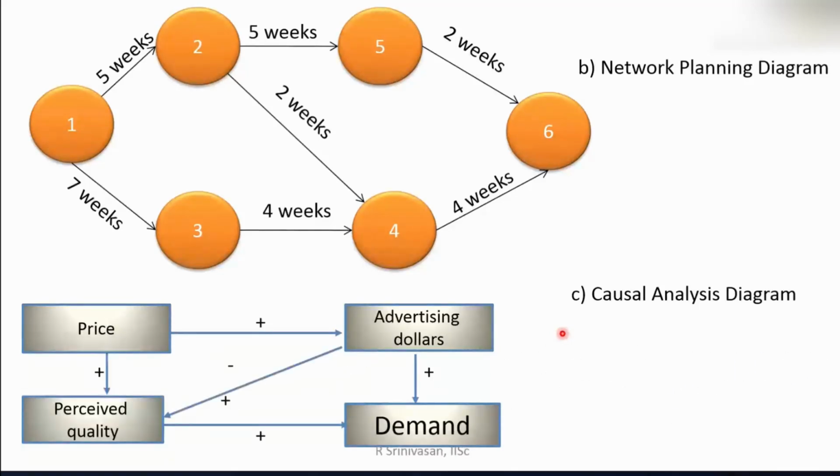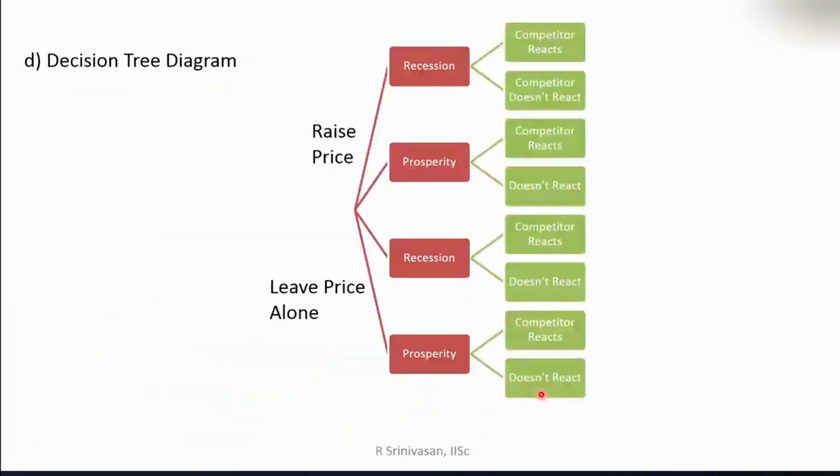So advertising expenditure is likely to have a positive effect, but the only negative effect is in price and demand. The higher the price of the product, the more you can expect the demand to shrink, but you are offsetting it with your advertising and the perceived quality to a large extent.